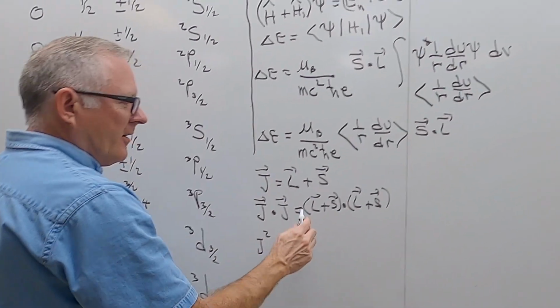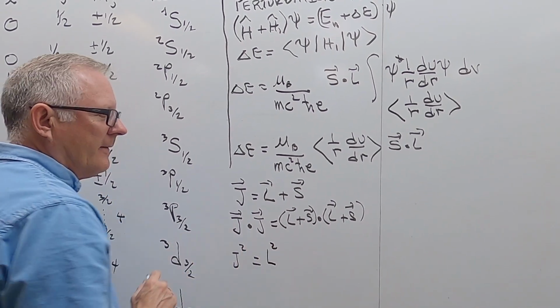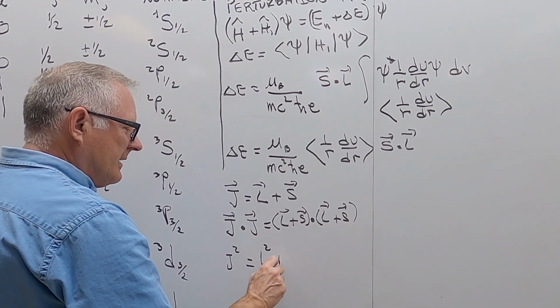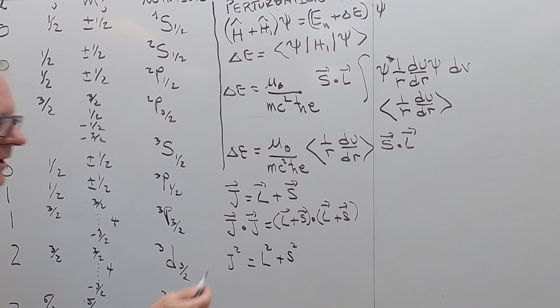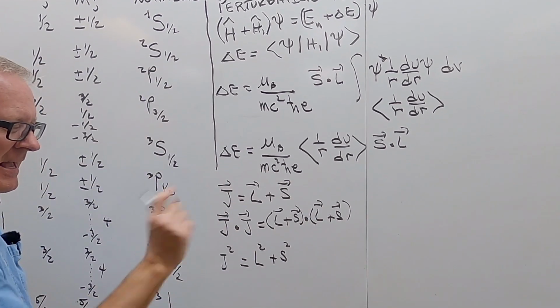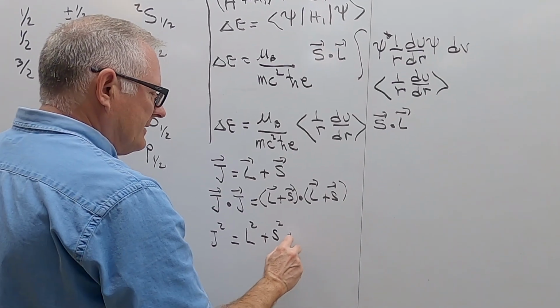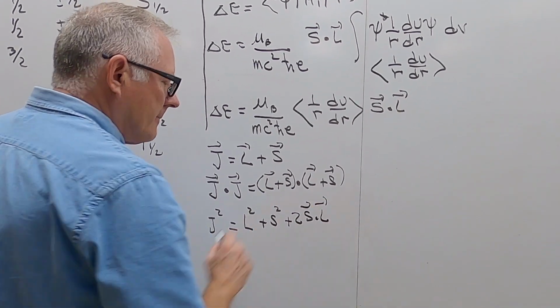And over here, if we just FOIL this thing out, we got L dot L, which is L squared. And we got the last term, which is S dot S, which is S squared. And then we got the middle term. You got an L dot S and you got an S dot L. Well, the order doesn't matter, so it's just 2 times S dot L.